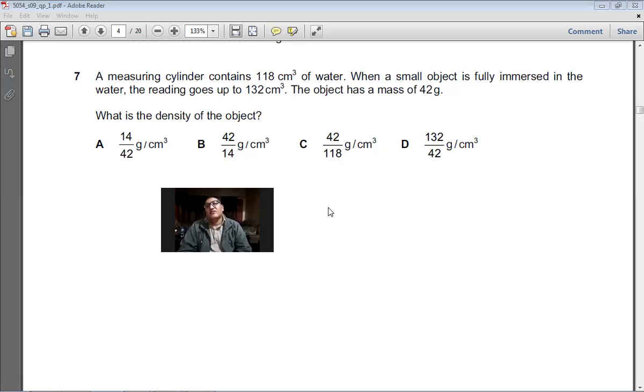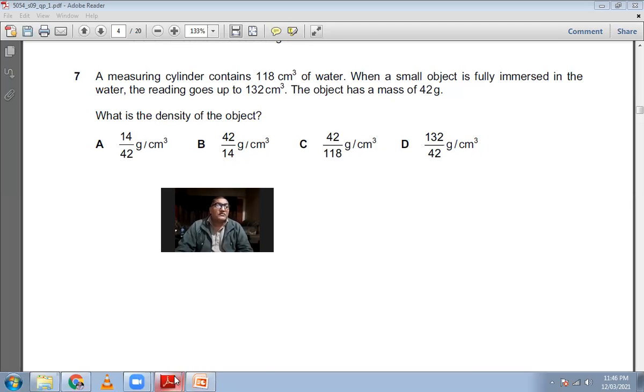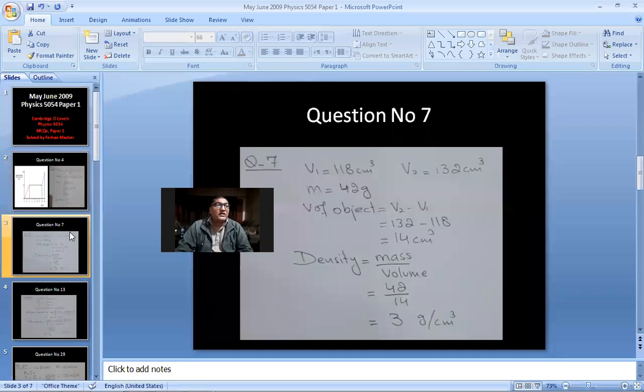Here V1 is 118 centimeter cube and V2 is 132 centimeter cube. We know the mass of the object, so very easily I can find the density of that object. That will be the mass, 42 gram, divided by the volume. Let's check. I will show you my work.